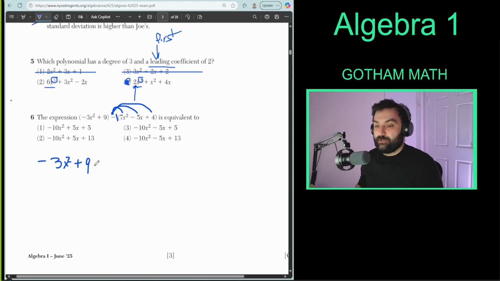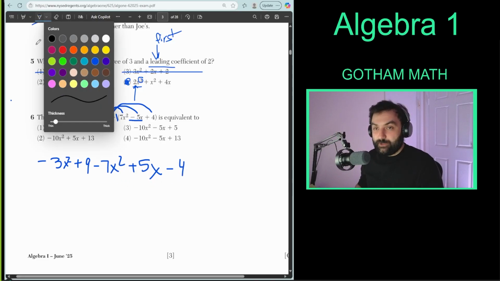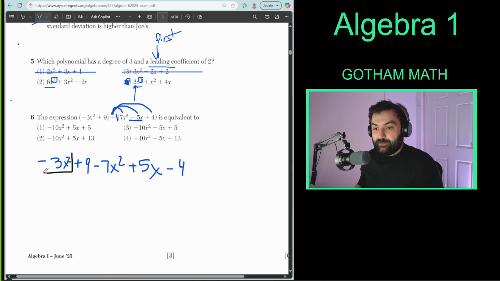So negative 1 times 7x squared is going to be negative 7x squared. Negative 1 times negative 5, don't forget, is going to be plus 5x. So everything is just the opposite sign. Negative 1 times positive 4 is going to be negative 4. Now I'm going to have to combine like terms. That's what it's called. You need to know how to do it. So the like terms, negative 3x squared and negative 7x squared, will combine into a negative 10x squared. 5x has no like term, no friends, so you just copy it.